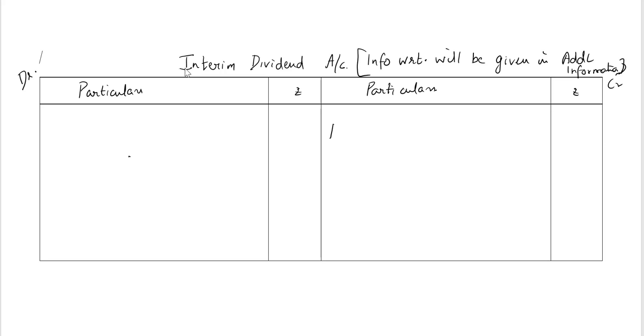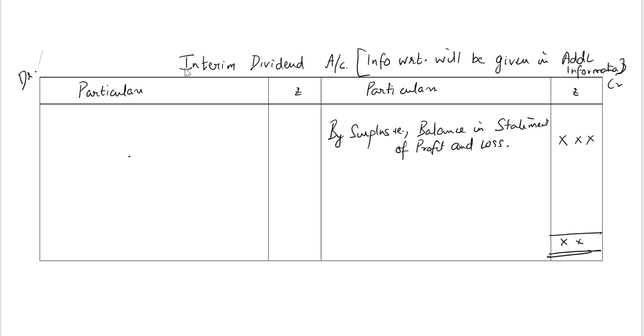We'll provide for the interim dividend by surplus, that is balance in the statement of profit and loss, and we will pay it off to bank account.